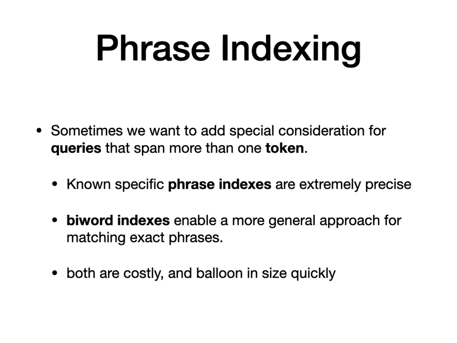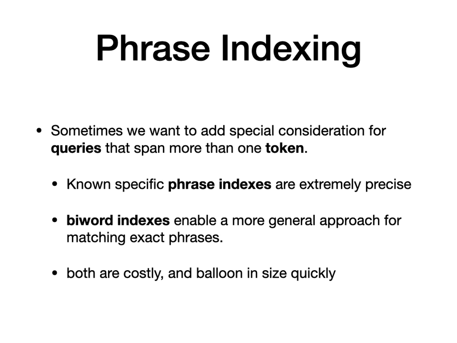More on general phrase indexing, to cover what we've talked about. We want queries that span more than one token. That's the goal here. Known specific phrase indexes are good and very precise, but they take a lot of manual effort, a lot of curating to figure out which unique key ideas need to be kept track of.